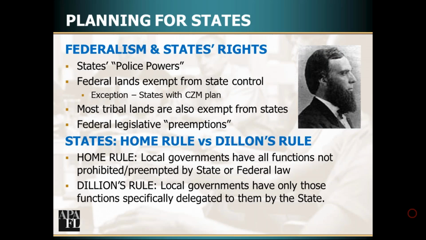That is if you're a state. States have either home rule or Dillon's rule, which we talked about. In home rule states, local governments have all the functions not preempted by state or federal law. In Dillon's rule states, local governments have only those functions specifically delegated to them by the state. All right. That's Judge Dillon up in the upper right.